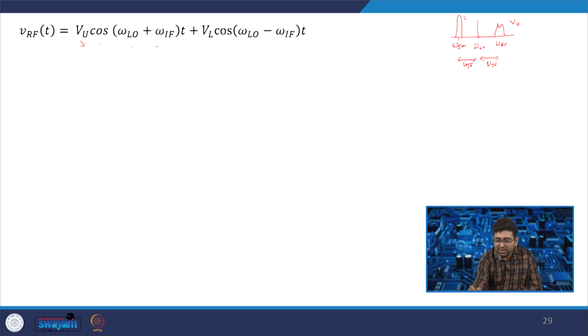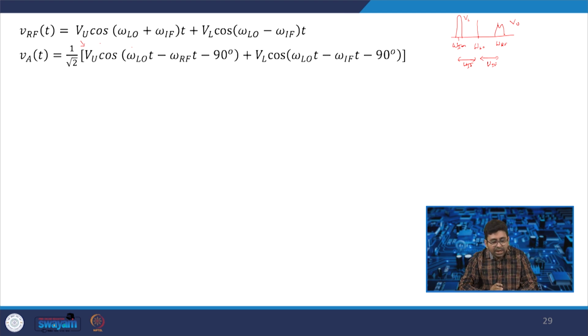This is V_L and this is V_u, the voltage of the lower sideband and the upper sideband. So, we can represent the entire band, consisting of both, by using this equation.